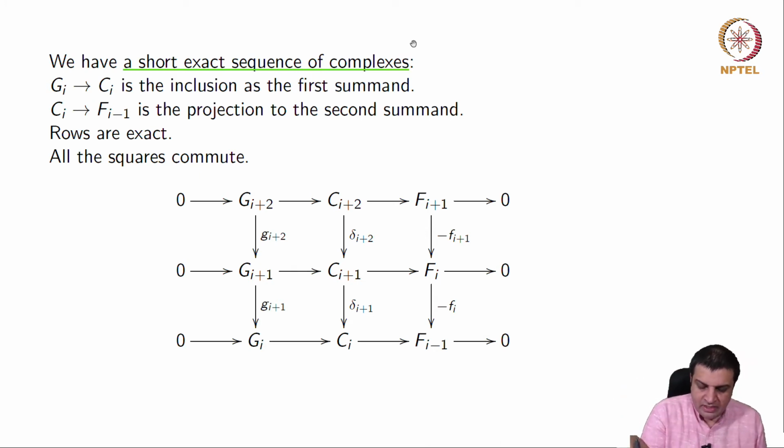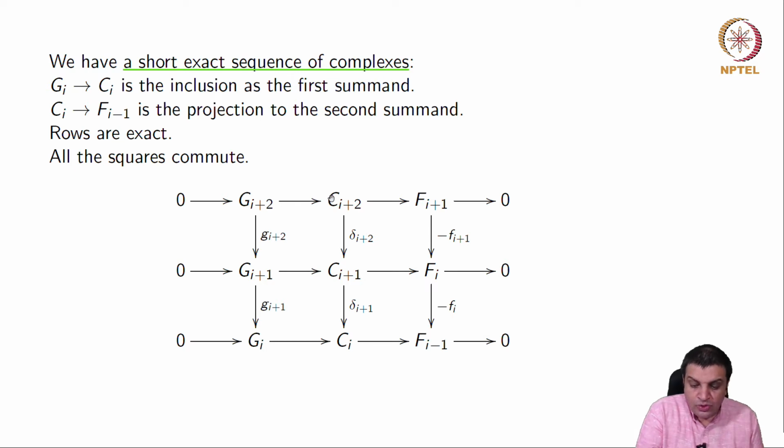So what exactly do we mean? What are these maps? First of all, the vertical maps, little g and the vertical maps f i, and here minus f i, were given to us. These delta i's were constructed as in the previous pages. Now we are to describe the horizontal maps.